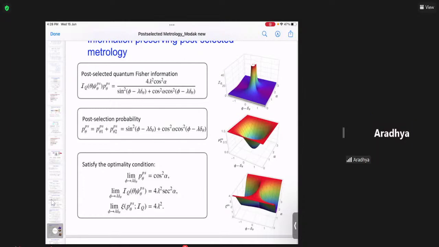Subhrajit, you are not audible. Yeah, maybe we lost him.